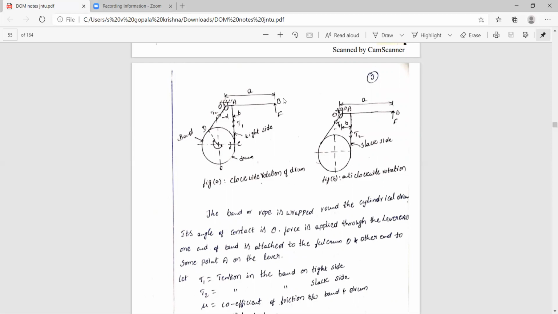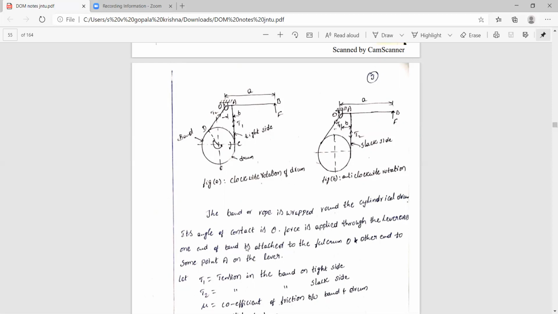When the band or rope is wrapped around the cylindrical drum, its angle of contact is theta, and force is applied through the lever OAB.